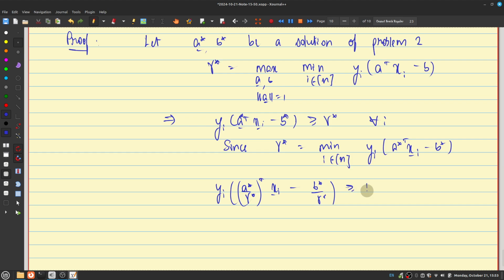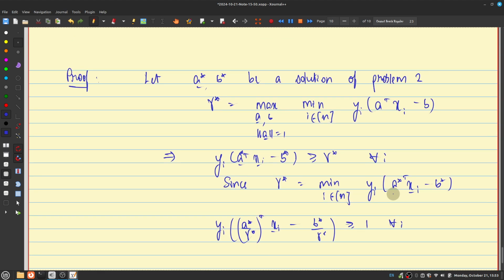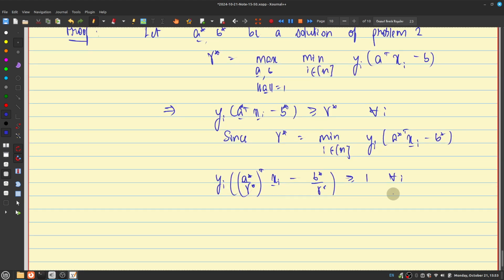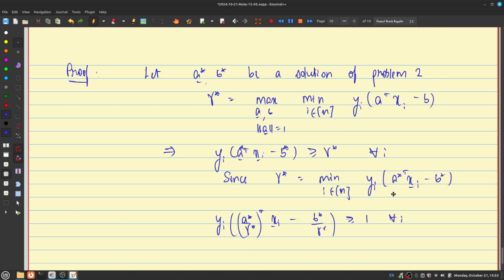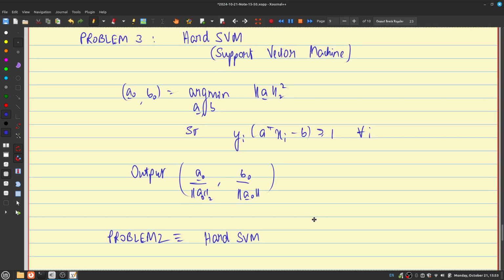This is greater than or equal to 1 for all i, right? Again, I've made another subtle assumption here that gamma star is strictly positive. But what does this mean? It means that a star by gamma star and b star by gamma star satisfy the constraints of the hard SVM problem.